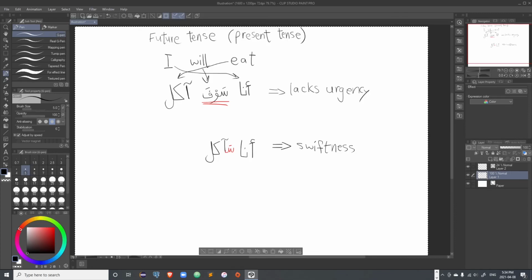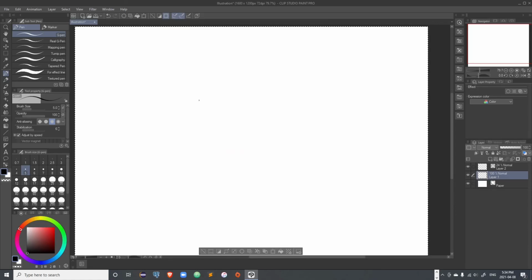So simply use the present tense, correctly conjugated to the pronoun, but add either سوف between the pronoun and the verb, or add a seen attached to the verb with a fatha. So we will cover the elongation hamza before we move on to the imperative form and the cutting hamza and the connecting hamza.